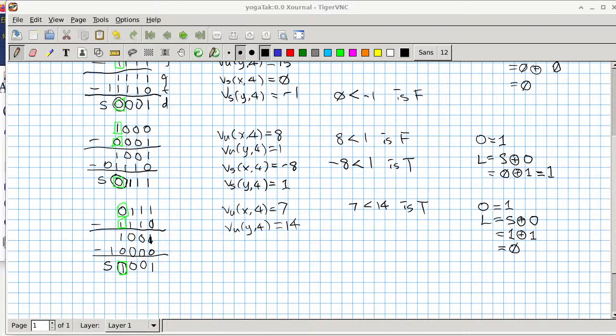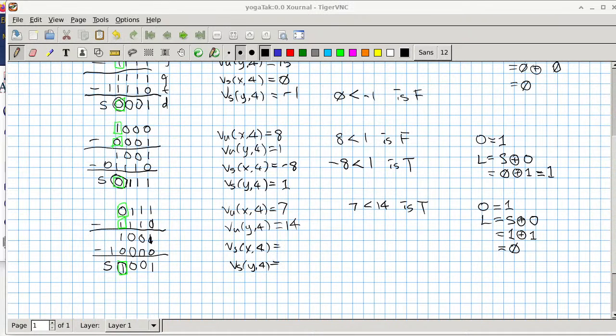That's what it's telling me. I'm not convinced. I want to look at VSX4 and VSY4 and actually see it with my own eyes. So that's what we'll do next, is look at VSX4 and VSY4.